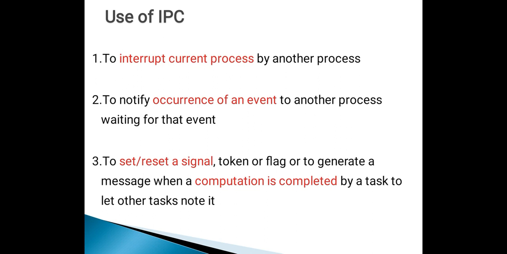The first one is to interrupt the current process by another process. Second point, to notify the occurrence of an event to another process. Third one, to set or reset a signal, token, or a flag to generate a message when computation is completed.